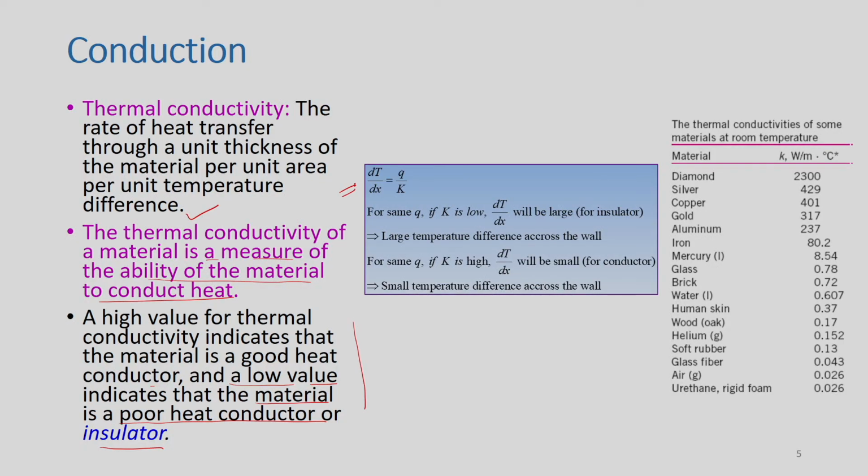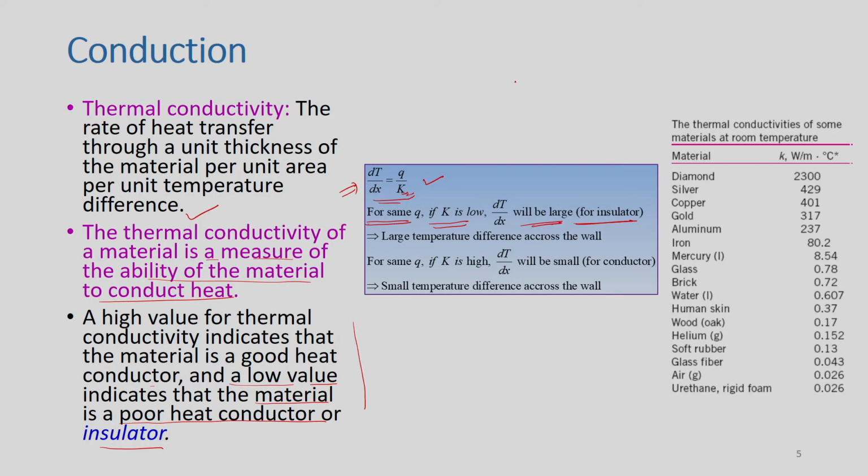And in a deeper sense, we can go back to the equations and see how these are related. So, this dT by dx is q by k, by using this Fourier law of heat conduction. If we consider the same q or same heat transfer, if k is low, then what will happen? This dT by dx will be large, and this is valid for insulators. That means a large temperature difference across the wall will be there.